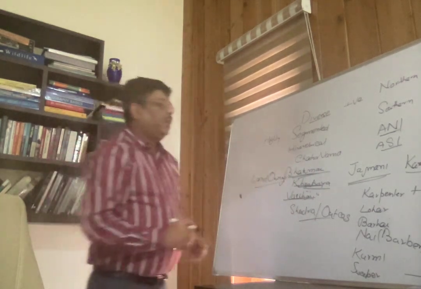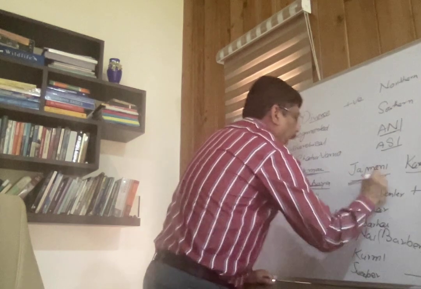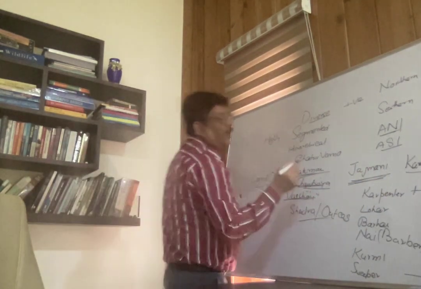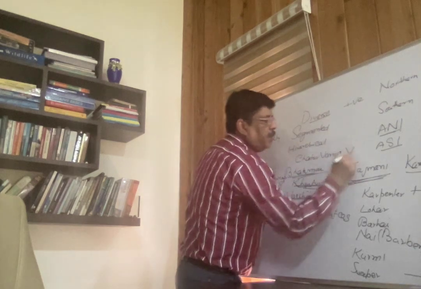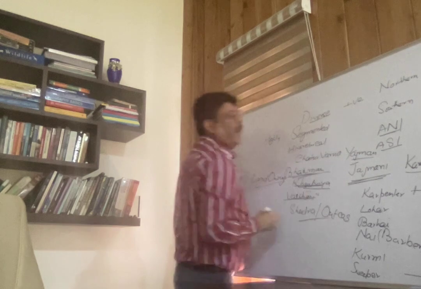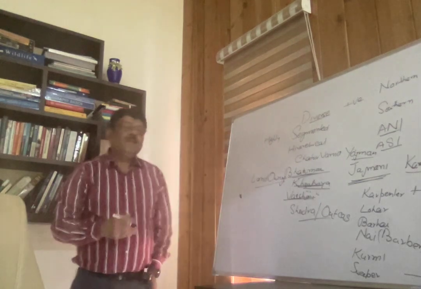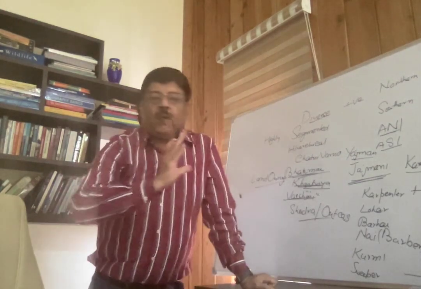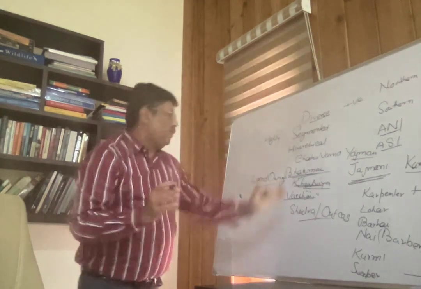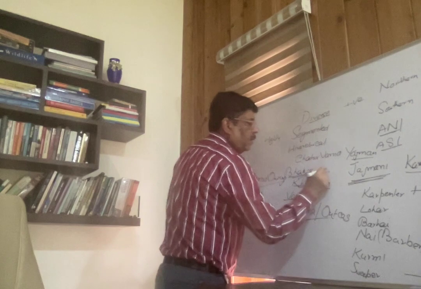Jajman is the variant of Yajman, and Yajman means yajna karne wala, the people who can do yajna. These were mainly Brahmanas.